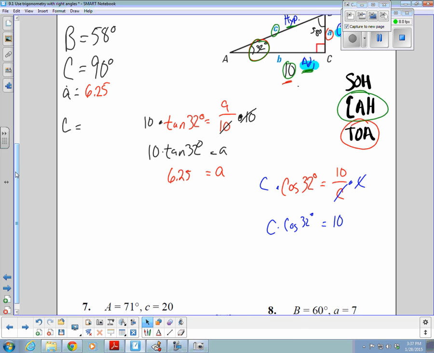And now we're going to divide both sides by cosine of 32 degrees. These cancel. Isn't that nice? So we get c is equal to 10 divided by cosine of 32 degrees. All right, so let's figure out what that is.